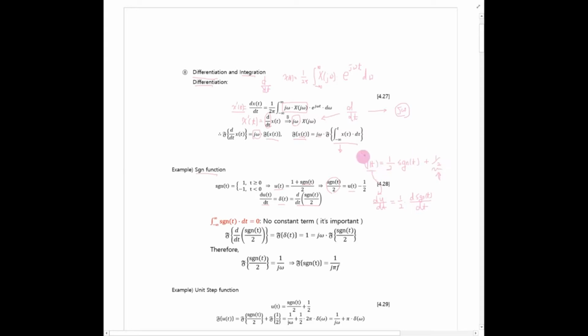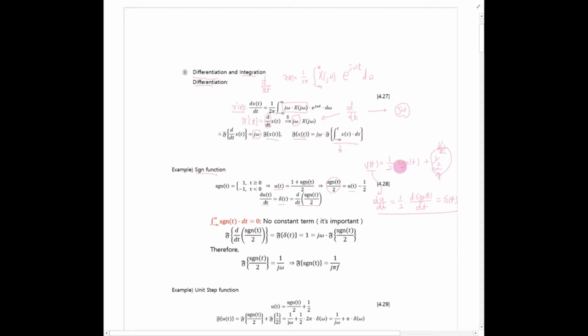So it shows that it doesn't matter how much offset is added. By taking the derivative with respect to time, it should be 0. So anyhow, this one equals the delta function. So this is the delta function. During this differentiation, these constant terms disappeared. So we can add any kind of number.